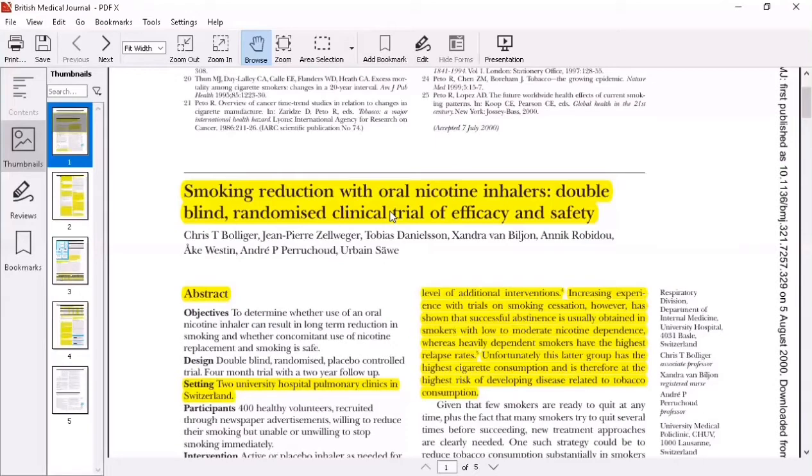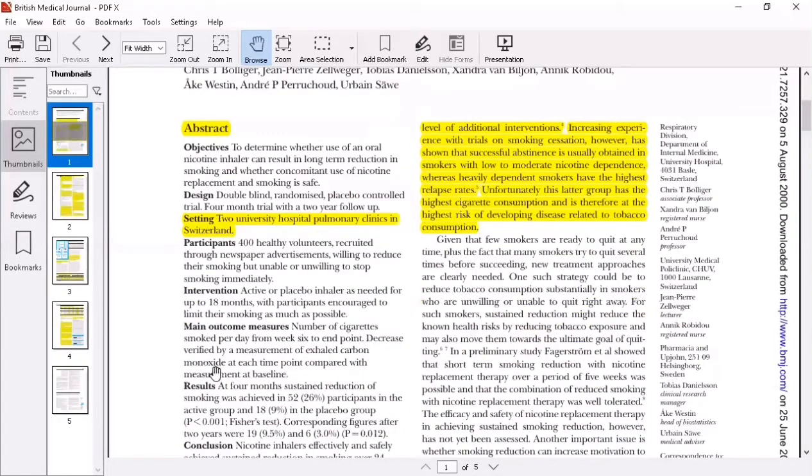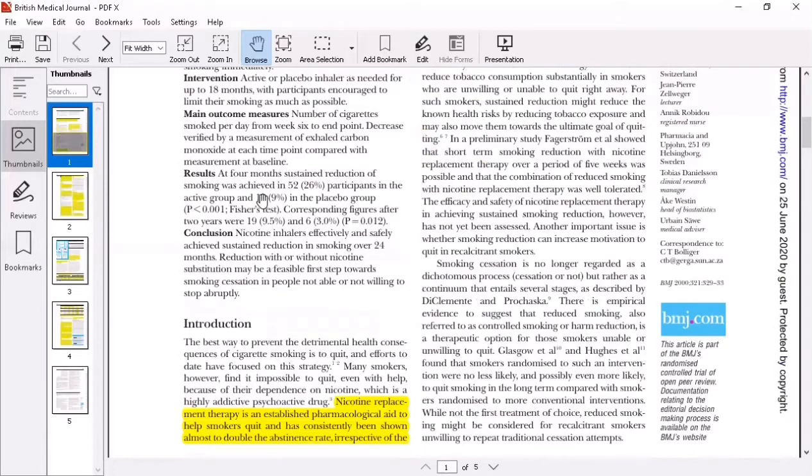Then, checklist number 1B is abstract, about structured summary of trial design, method, result, and conclusion. Okay, next is introduction.